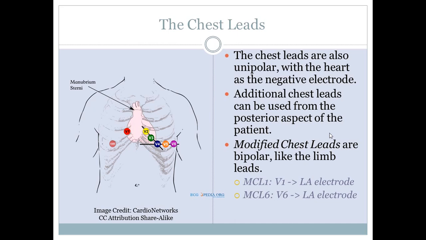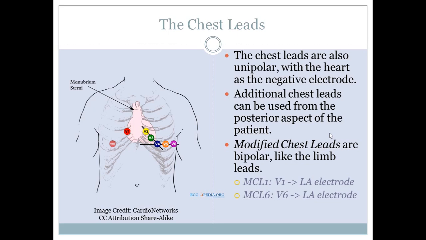There are even more chest leads that can measure electrical changes along the posterior aspect of the patient. Those are not used very frequently. Typically, they are only used in a patient that cannot lie supine, and the computer systems must be appropriately configured to support that.